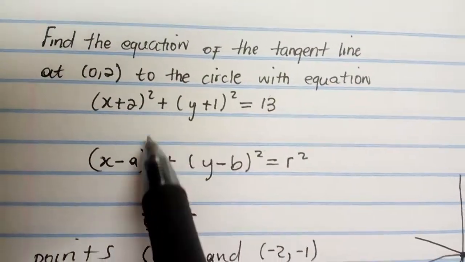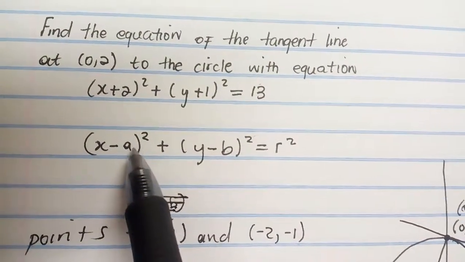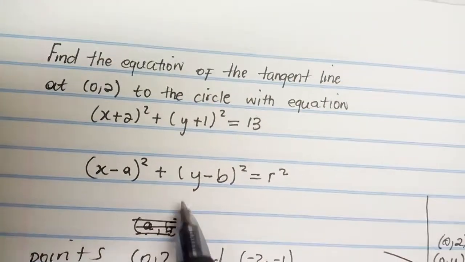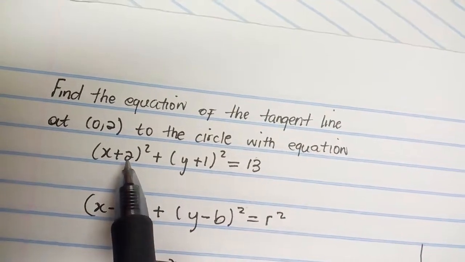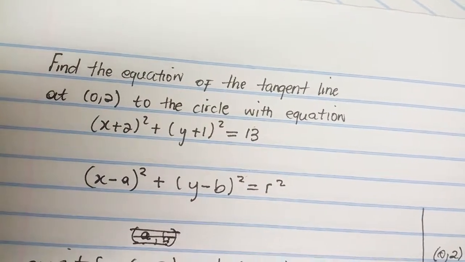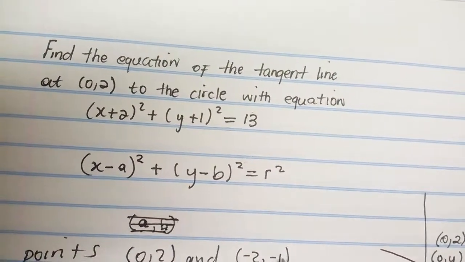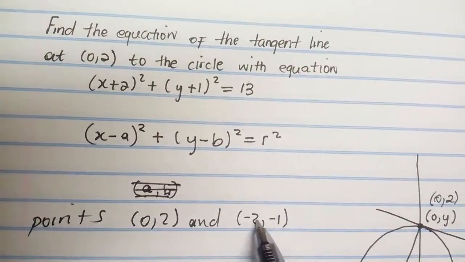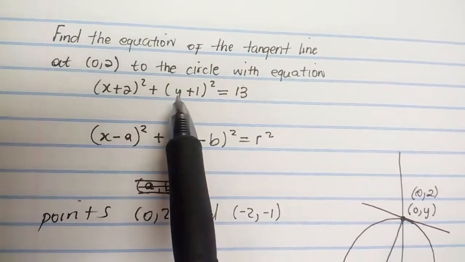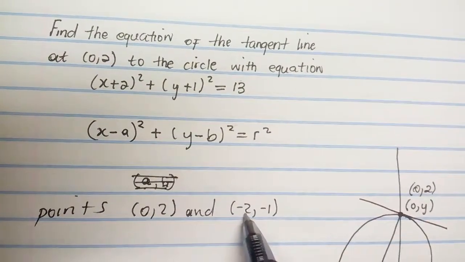Now, going back to the statement, like I've mentioned before, the values A and B represent the center coordinates of every circle. This means we are going to take the values from the two brackets and determine the center coordinates with them. So how do you come about to be (-2, -1)? You take x + 2, you equate it to 0, and then you solve. You will find -2.